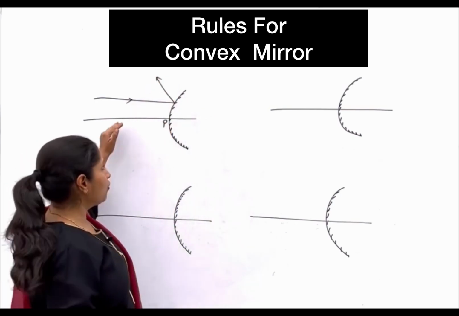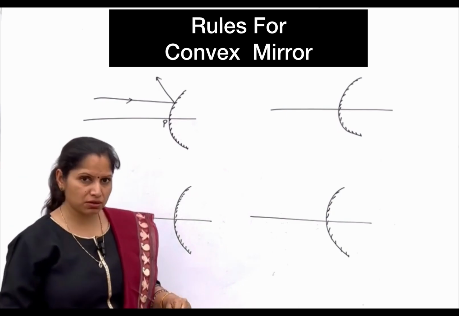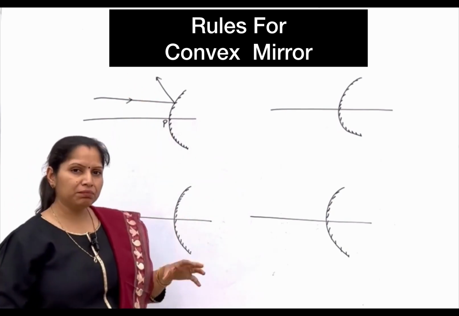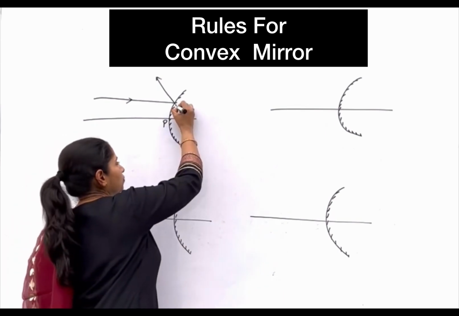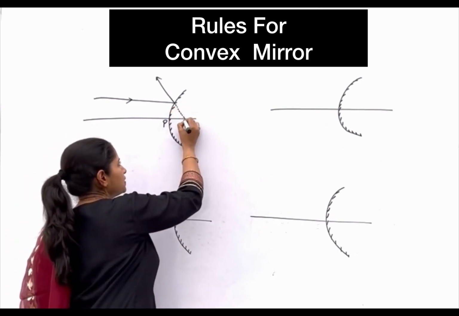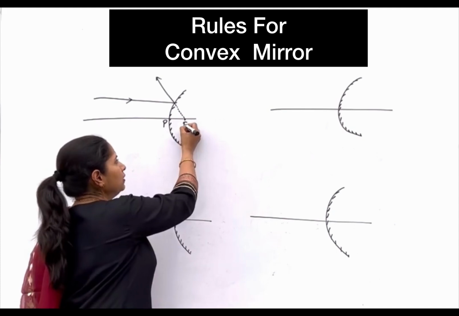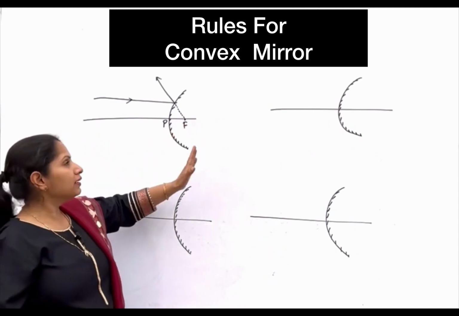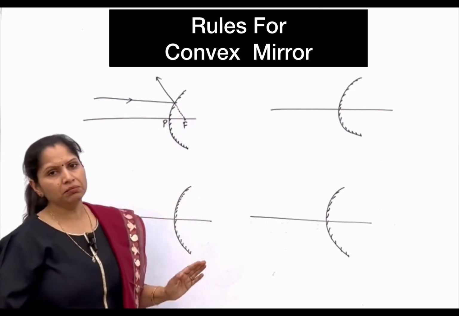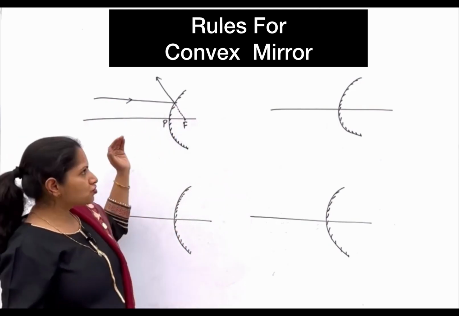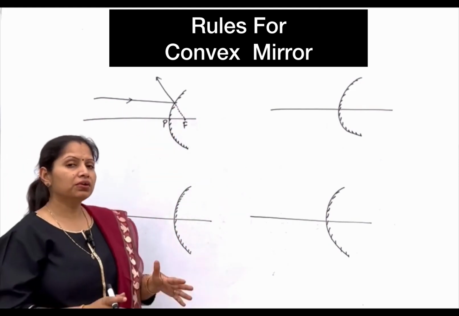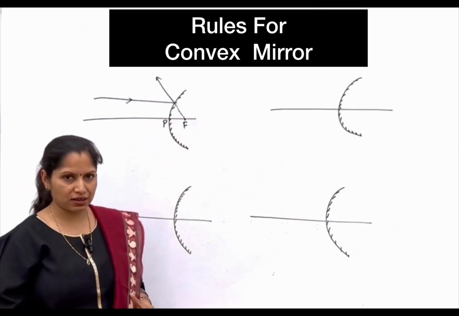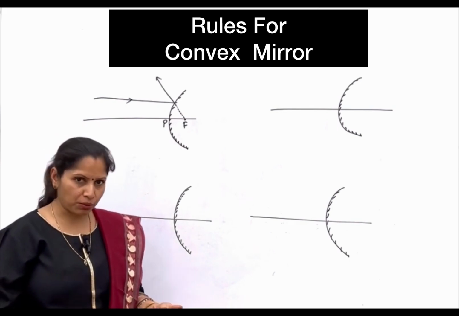After striking the mirror, it will diverge off and appears to be coming from the focus. Where will it appear to be coming from? Focus. But it's actually diverged from the mirror. Once a light ray strikes the mirror, it will diverge off and appear to be coming from the focus. Okay, so that's point number 1.